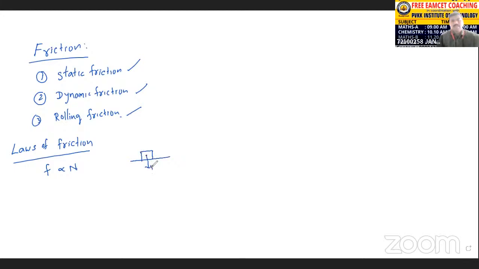Weight of the body mg acts in the downward direction, and normal reaction N acts in the upward direction. This is a friction surface. So normal reaction N is equal to mg on a horizontal surface. By the law of friction, F is directly proportional to N, so F is equal to mu into N, where mu is called the coefficient of friction.